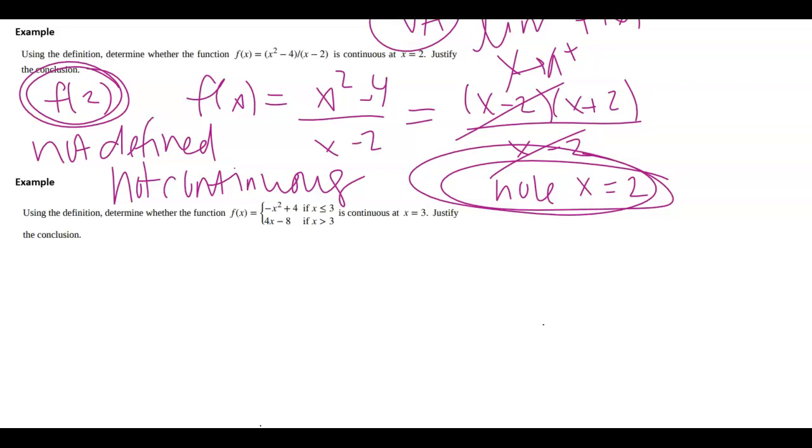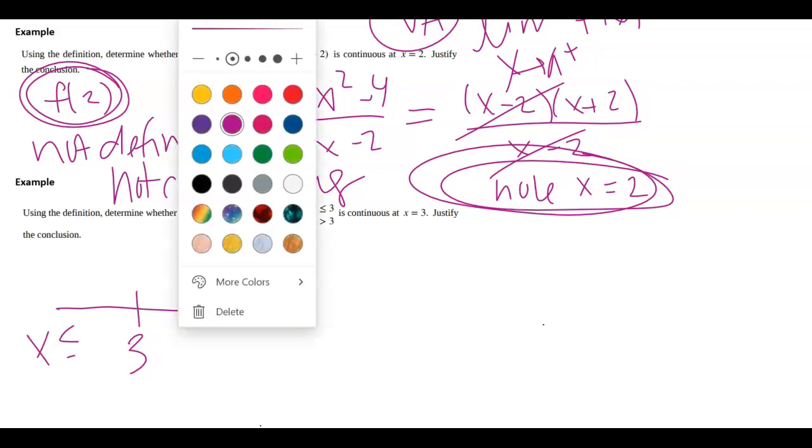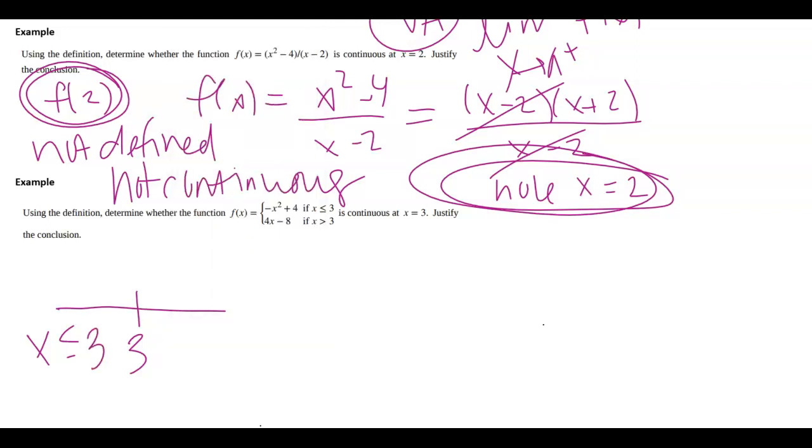Now let's look at a piecewise function and see if we can figure out if it is continuous. I have a limit from the left. Here's 3. I have some values to the left of 3 and some to the right of 3. My function over here is negative x squared plus 4. My function over here is 4 minus x.